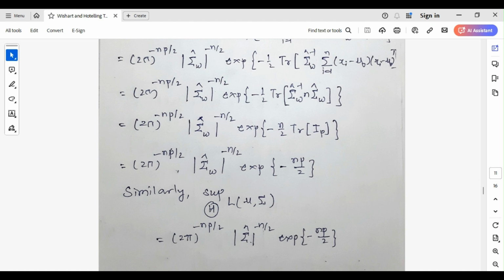Now, similarly, the likelihood function supremum under the entire parameter space can be shown to be equal to 2 pi raised to minus np by 2, determinant of sigma hat raised to minus n by 2, e raised to minus np by 2.